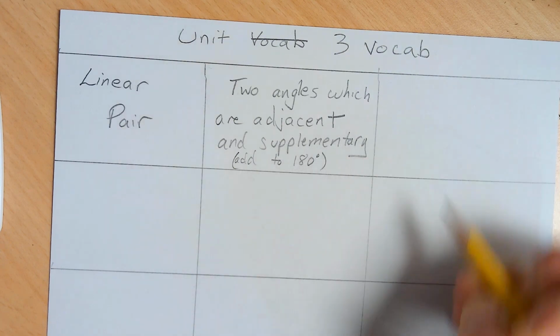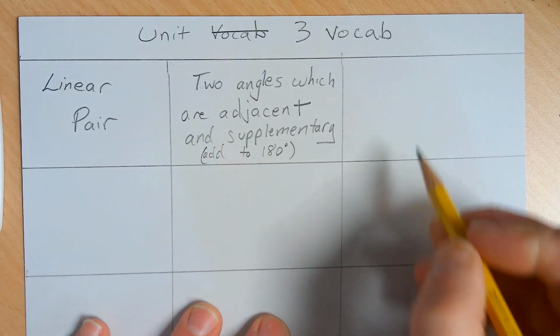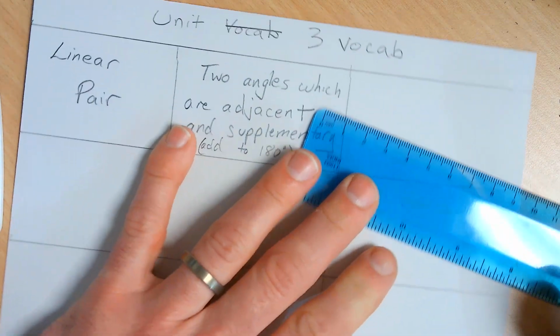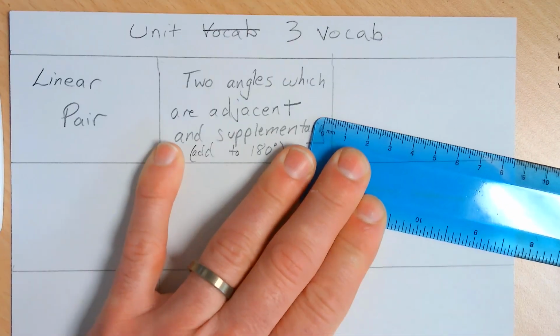They're very useful because wherever you have a straight line and a line that's coming off of there, you have this situation. So this situation comes up a lot.